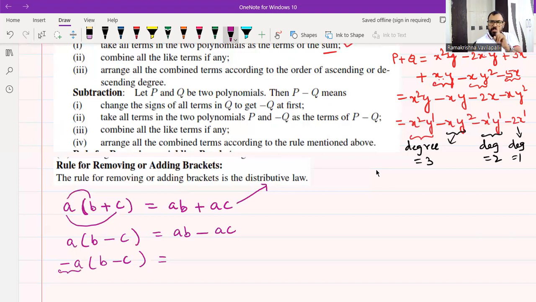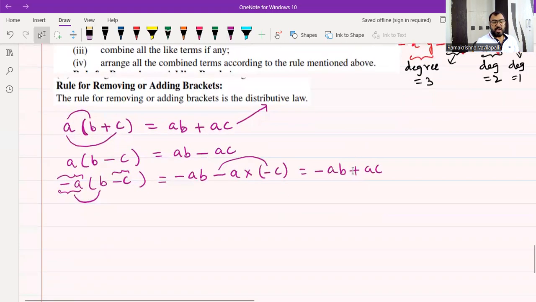Minus a is a quantity. Minus a into b, minus ab. Next, here this is minus a, this is minus c, okay? So minus a into minus c. Negative into negative is a positive. Therefore, minus ab plus ac.